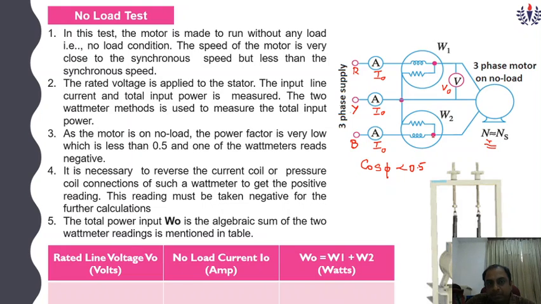It is necessary to reverse the current coil or pressure coil connections of such a wattmeter to get a positive reading. This reading must be taken as negative for the further calculations. The total input power W0 is equal to W1 plus W2, because there are two input powers we are measuring, W1 and W2.